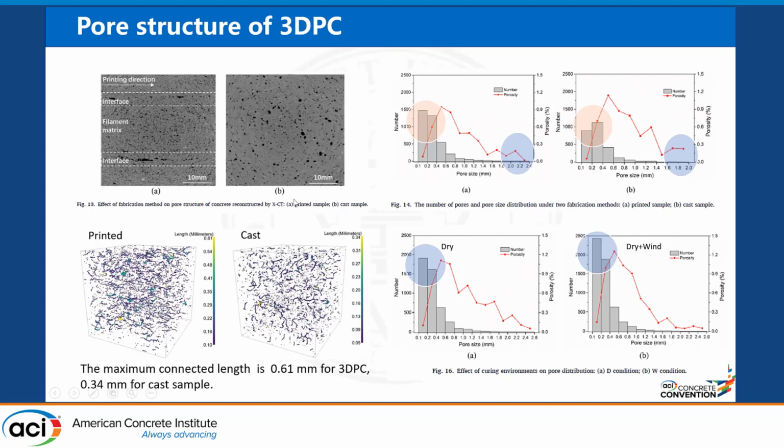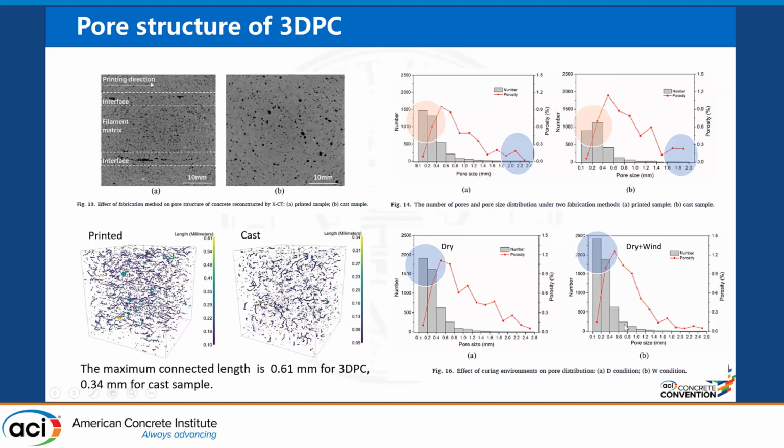Okay, and we calculated the pore connection. Here you can see for the printed specimens, the maximum connected length in the printed concrete is about 0.61 millimeter. But for cast concrete, this value is only 0.34 millimeter. That means for 3D printed concrete, the pores are more connected than cast concrete.